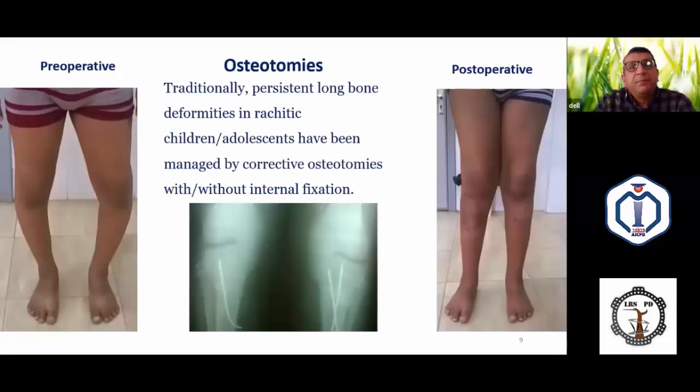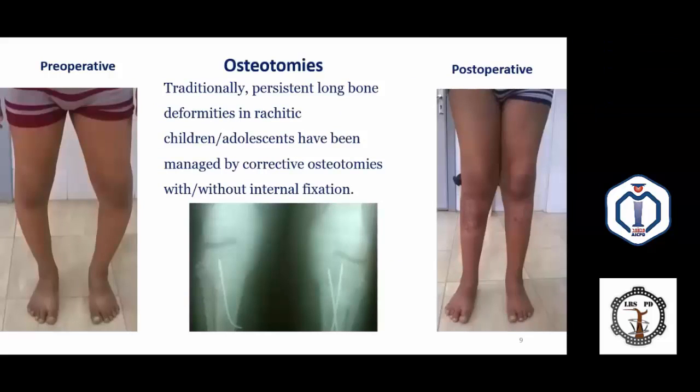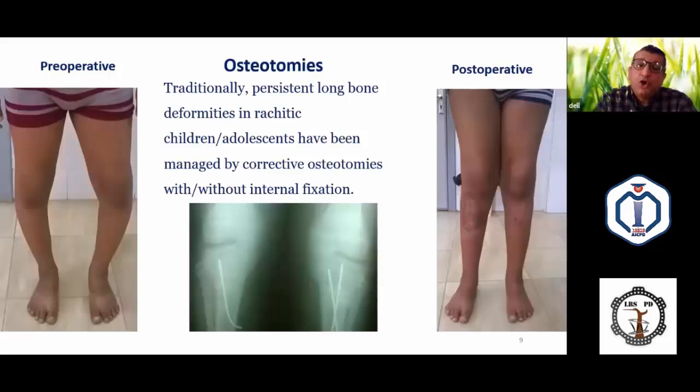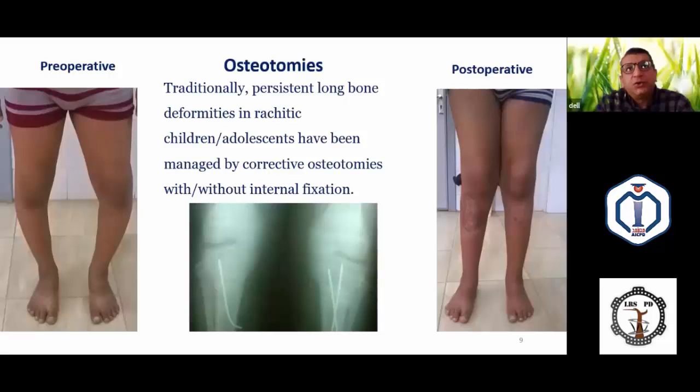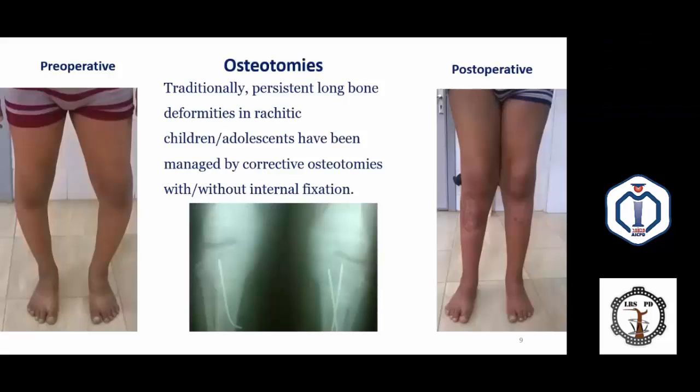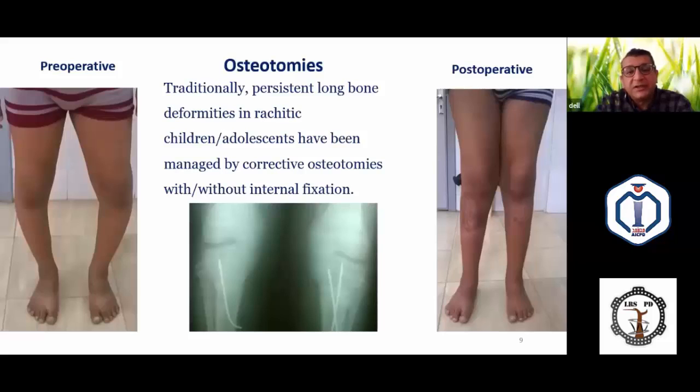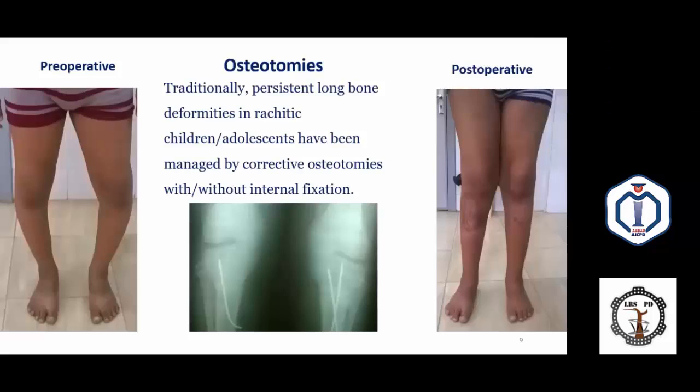To treat rachitic deformities in children, we have the option of osteotomies. Osteotomies are a long-honored technique to treat deformities in children, generally speaking. Traditionally, persistent long bone deformities in rachitic children and adolescents have been managed by corrective osteotomies.